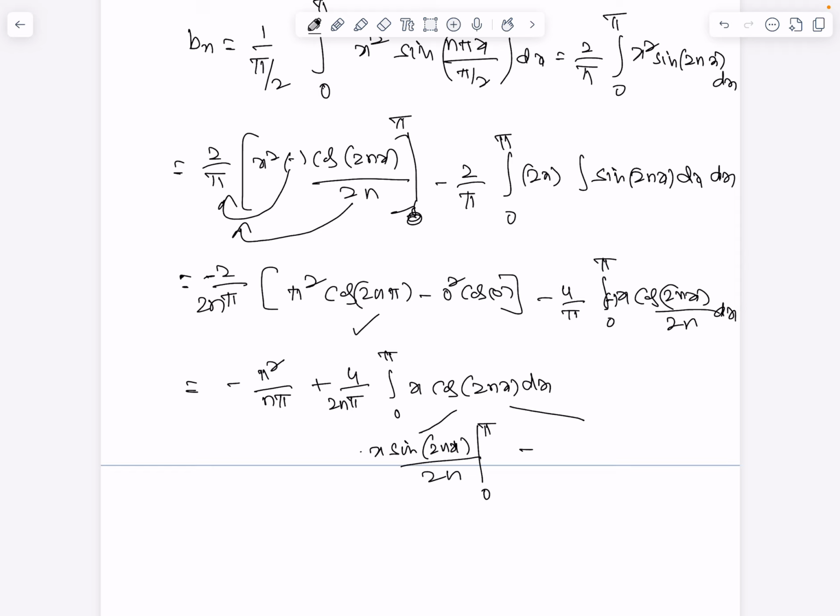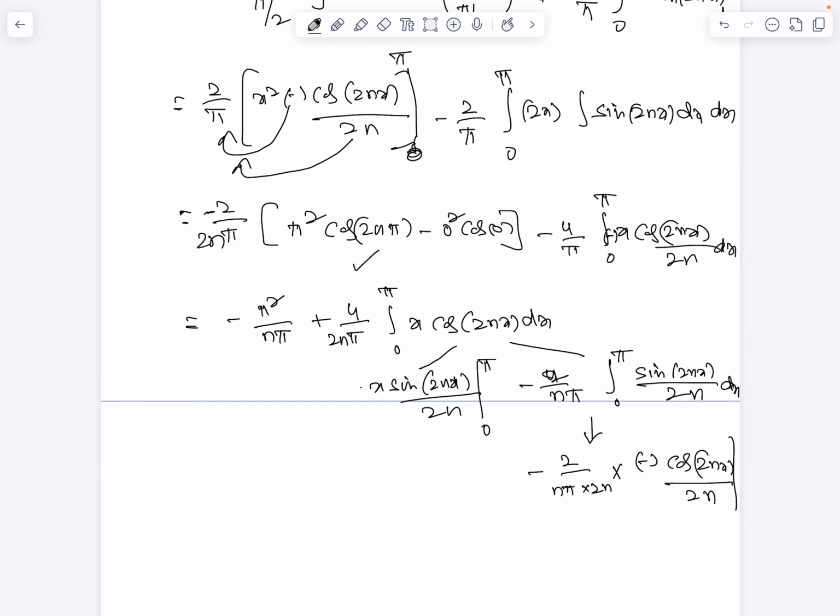In the second case, you will be having minus 2 by n pi into the integration from 0 to pi. The integration of cos is sin 2nx divided by 2n dx, and this you further simplify, this is 2 by n pi into 2n into the integration of sin is minus cos 2nx divided by 2n.